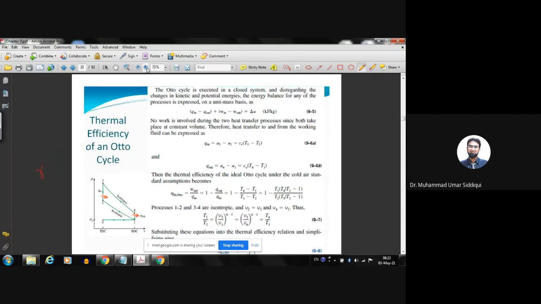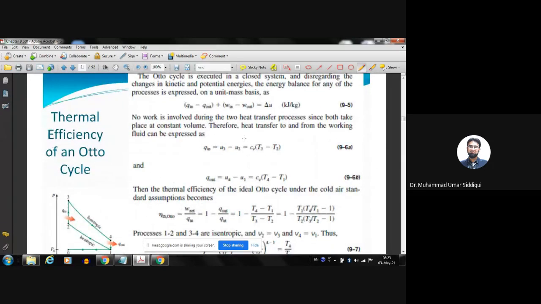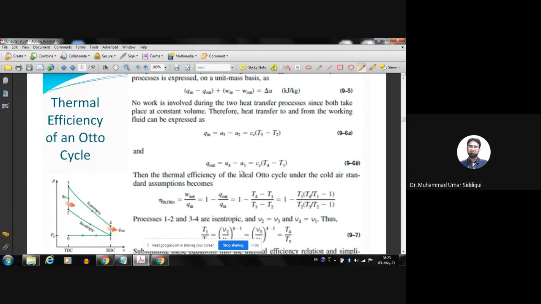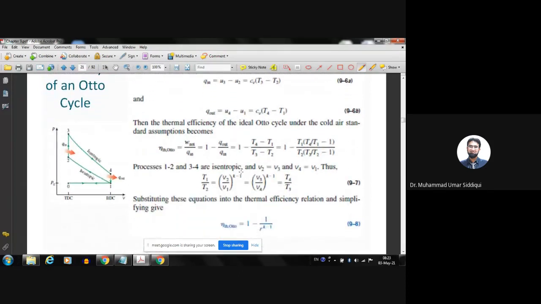You can go through this derivation yourself; it is just a little mathematical manipulation. We've achieved that the thermal efficiency of an Otto cycle is given by this formula: 1 minus 1 upon R to the power K minus 1. R is the compression ratio, and K is the specific heat ratio.